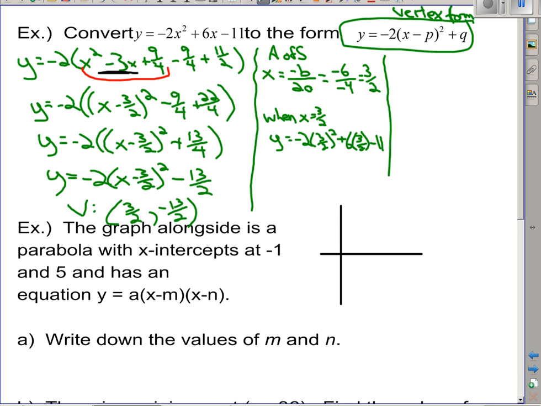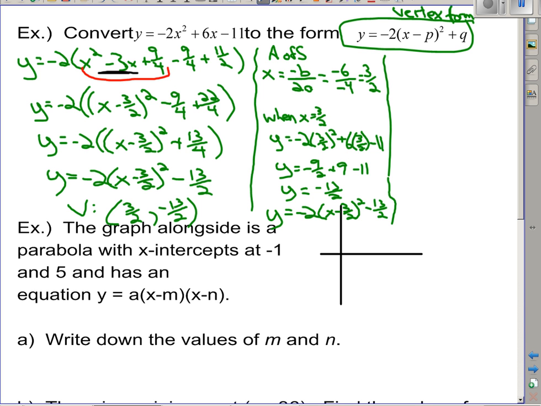Okay, that's going to give us (3/2) squared would be 9/4, so negative 9/2, plus 6 times 3/2 is going to give us 9, minus 11, which in turn gives us negative 13/2. Okay. So it also gets us to this final form of -2(x - 3/2) squared minus 13/2.